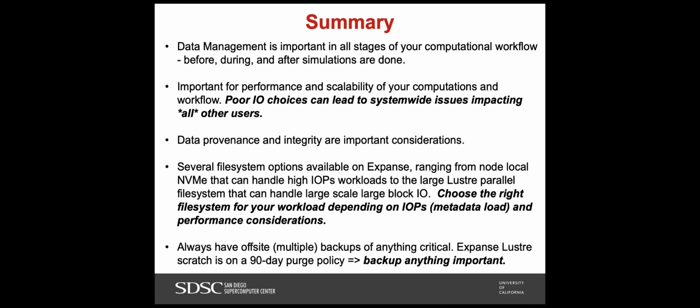But typically, even with say 8 or 16 nodes, if you stripe correctly and write files in large blocks, you can get to like 50, 60 gigabytes per second pretty easily, if it's needed, that is. But the key thing is choose the right file system depending on your IO pattern. So metadata load and performance are the considerations.